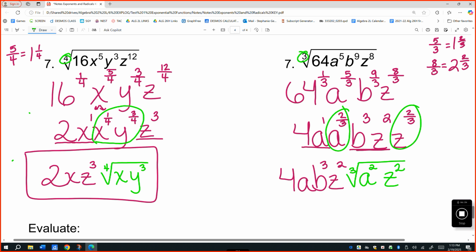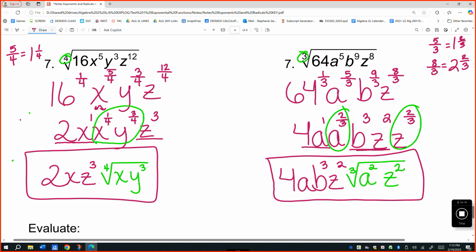Because remember, the numerators tell you the exponent. Okay? And that, although it looks weird, you might think, how is that more simplified than the original problem? It is, because we rationalized some part of this, okay?